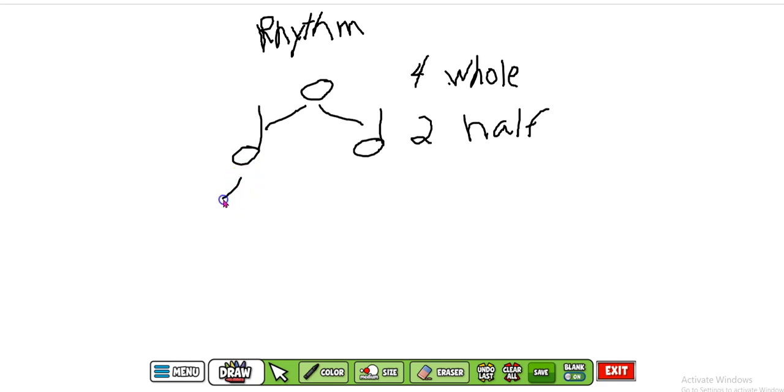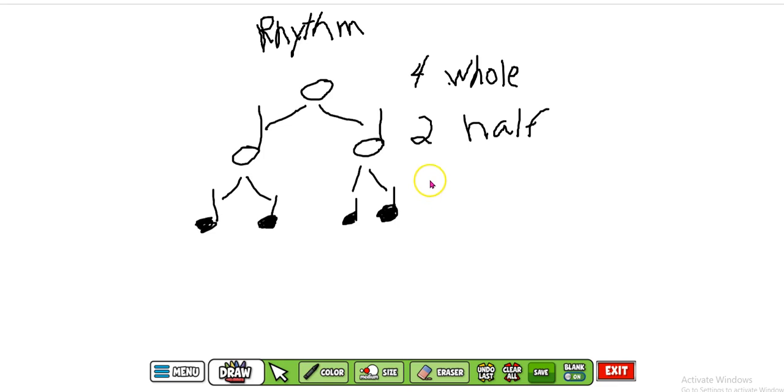All right. Break this into 2 equal parts. We're now on the quarter note level. That was whole, half, quarter. Okay, so 2 half notes equal the whole note. 4 quarter notes equal whole note.